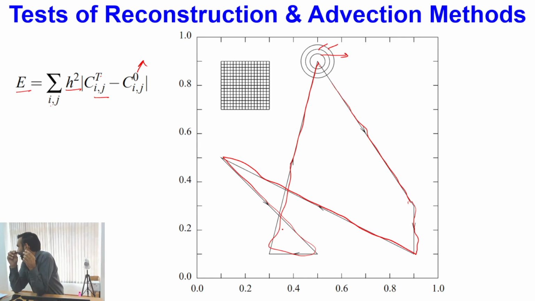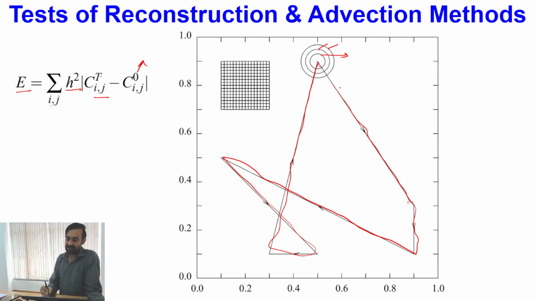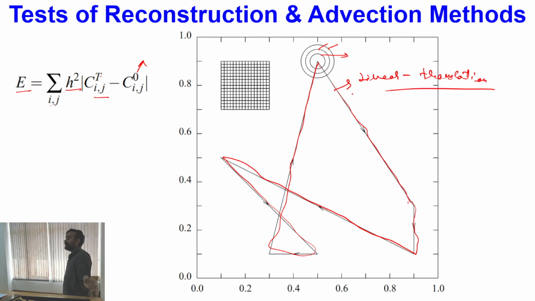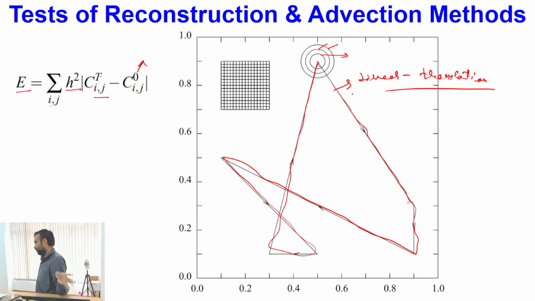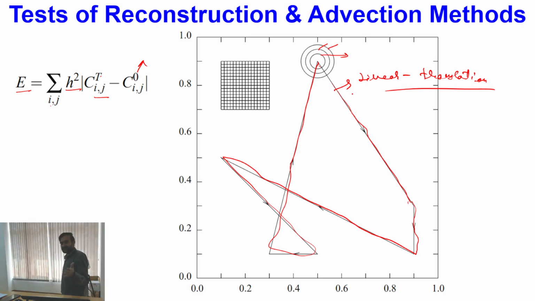If they are able to preserve their shape, we can say that our method is able to successfully advect the interfaces for linear translation based cases.